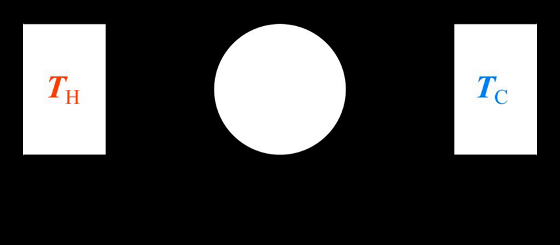That is, ⟨H̃⟩ equals ⟨H⟩, where ⟨H⟩ equals the sum over r of p̃_r ⟨r|H|r⟩.